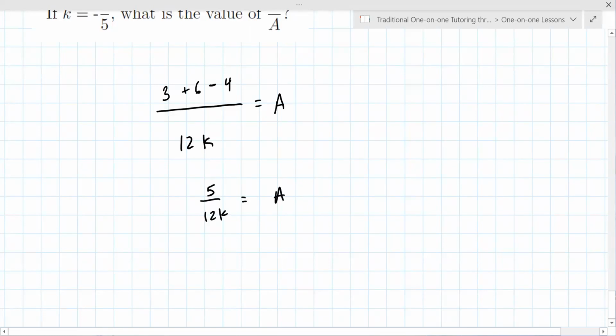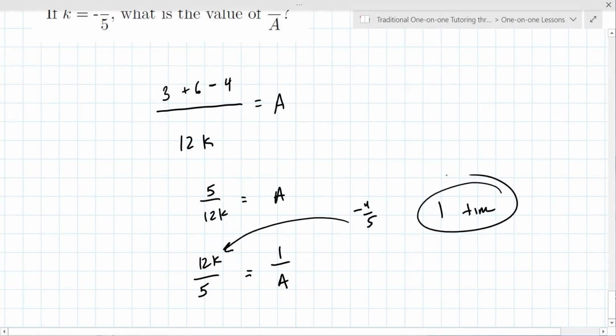And the answer then, and this is where if you're clever, because you've looked at and tried some of the approaches we've done, since it really wants 1 over a, you realize, oh, it's 12K over 5. And now how many times do you have to substitute the value of K into the problem? One time. You only have to do it one time. Do you see that? Oh, okay, yeah.